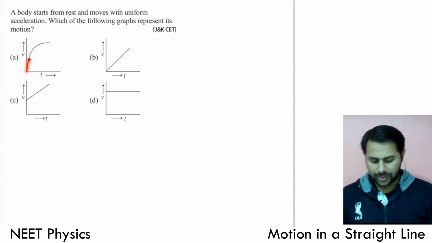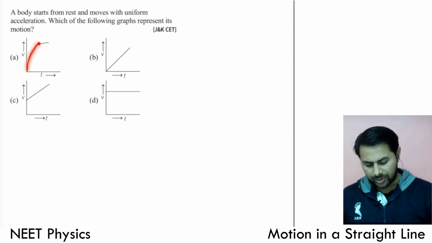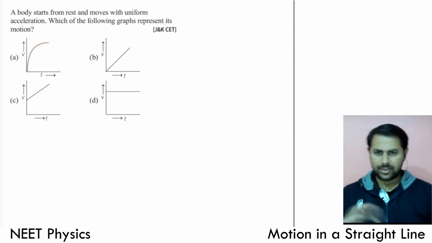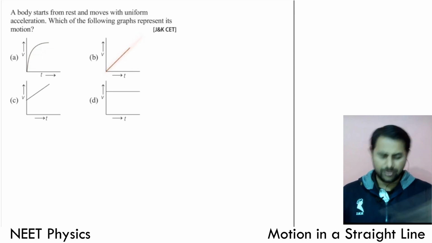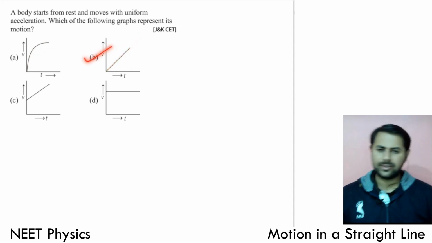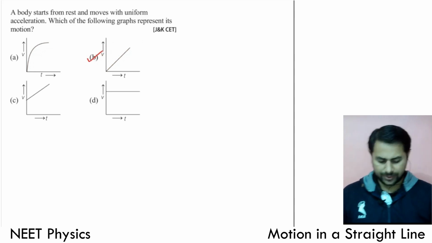Actually, no, initially velocity is increasing, then it becomes constant. It's that kind of motion. But here velocity is uniformly increasing. So this one is the answer. This is for the uniformly accelerated motion. Okay, very simple.